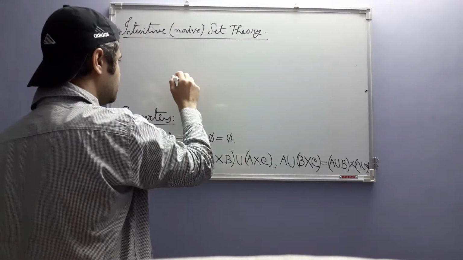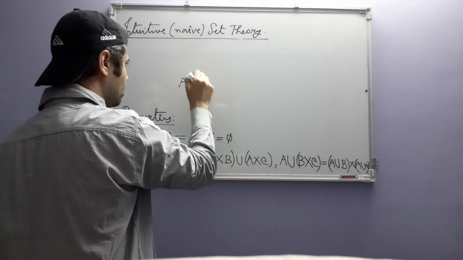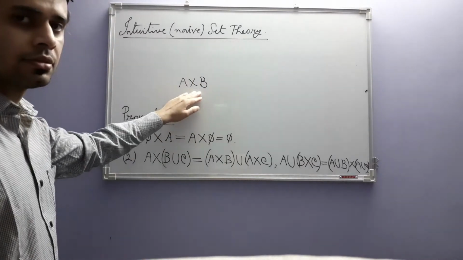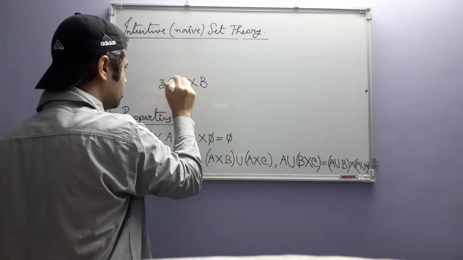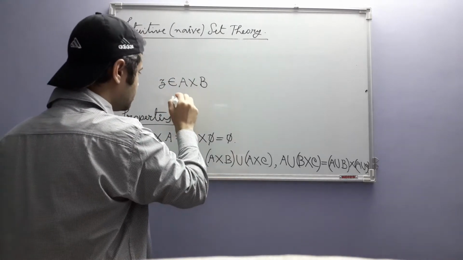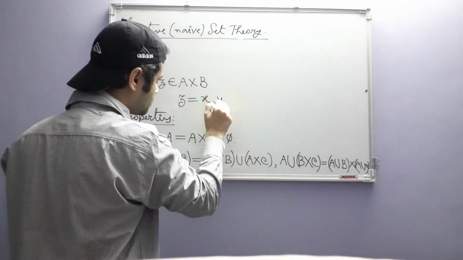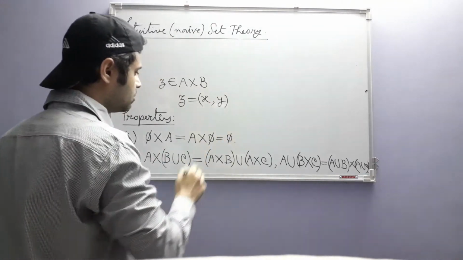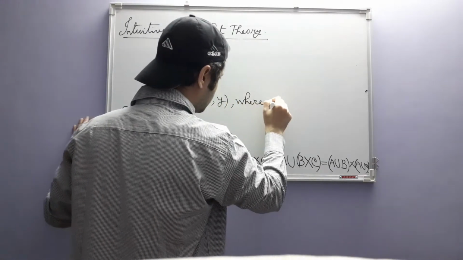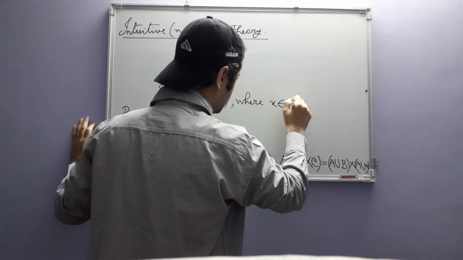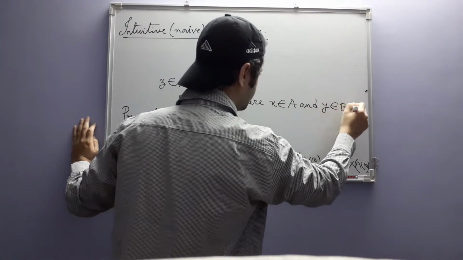For example, whenever you have a Cartesian product like this and you take an element in this Cartesian product, then that element by definition is of this form x comma y, where x belongs to A and y belongs to B.